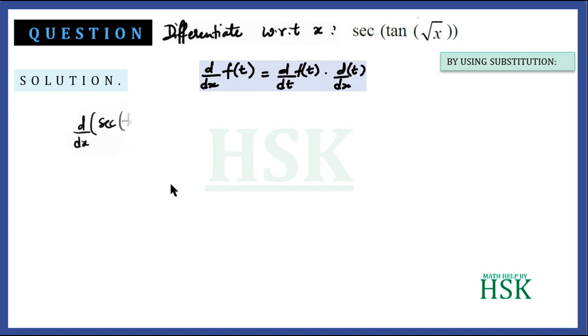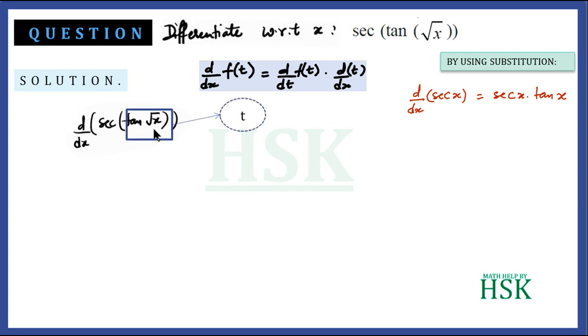So to calculate d by dx of sec of tan of root x, first of all we should be knowing this formula, that differentiation of sec x with respect to x is equal to sec x into tan x. Further we assume tan of root x as equal to t. So d by dx of sec of t.